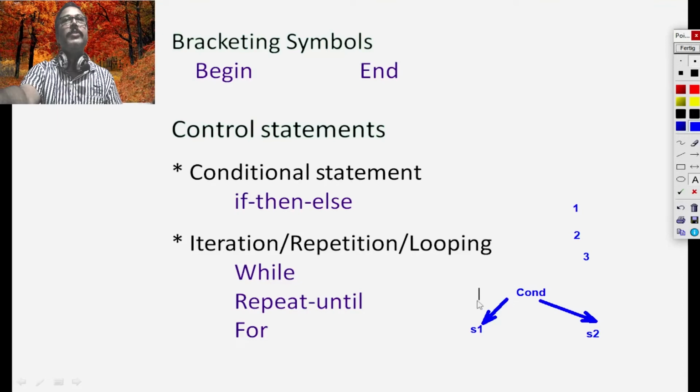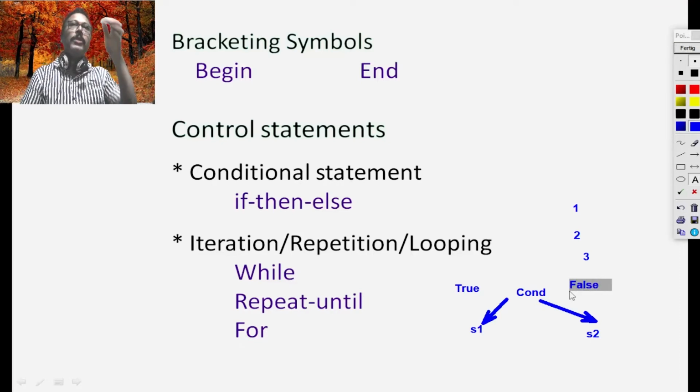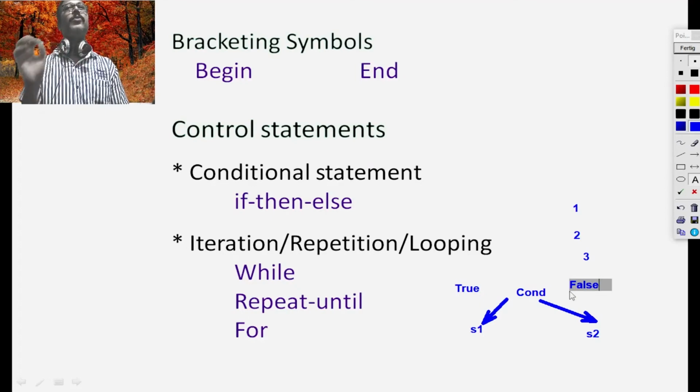So if this condition is true, you execute S1; if the condition is false, you execute S2. If that is the case, you have to go with conditional statements. One such conditional statement, in general algorithmic representation, is if-then-else. That means if a condition is true, do something, else do something else. We will expand it and discuss examples also, but that is a conditional statement.